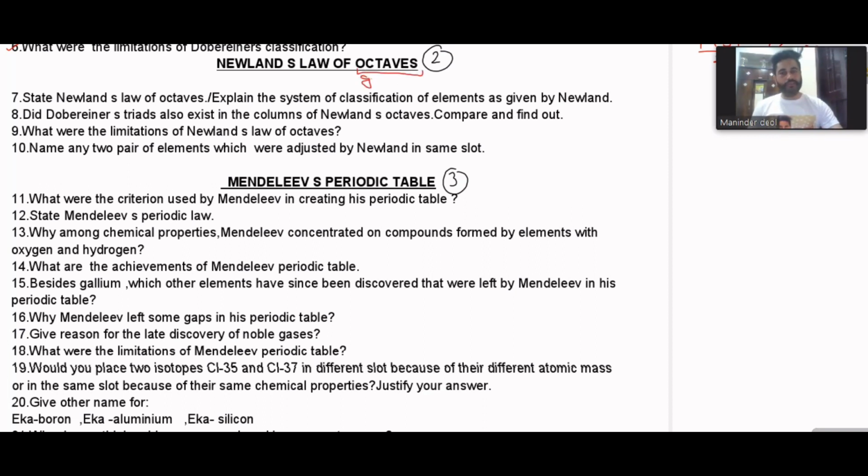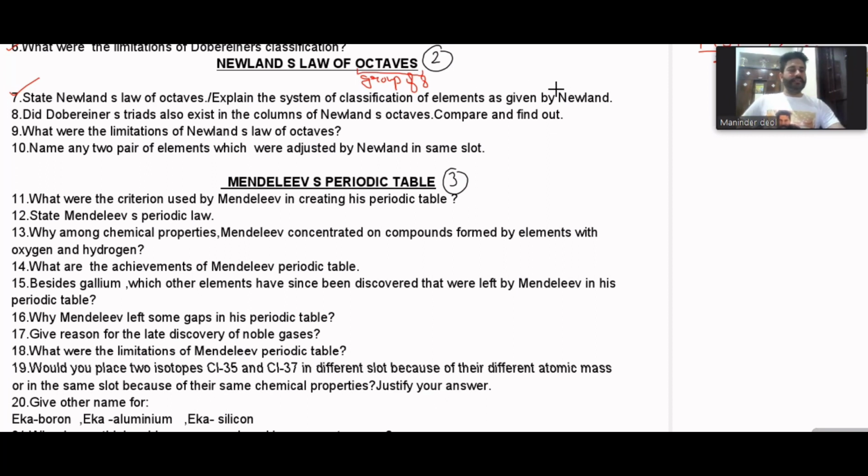Octave means a group of 8 elements. Now what is his theory? How did he arrange the elements? This is question number 7: state Newlands' law of octaves and explain the system of classification of elements as given by Newlands. So this question can be asked in both ways.